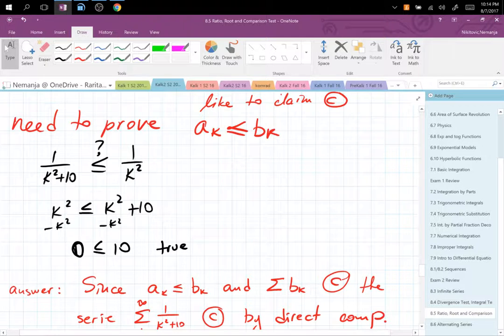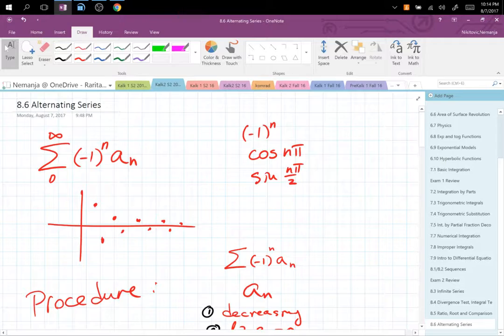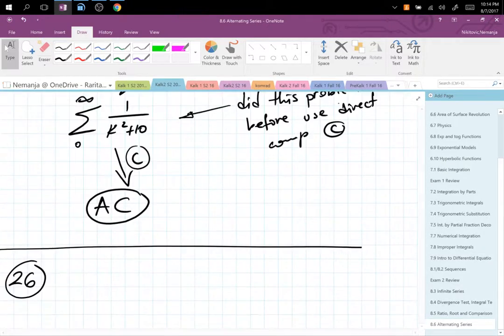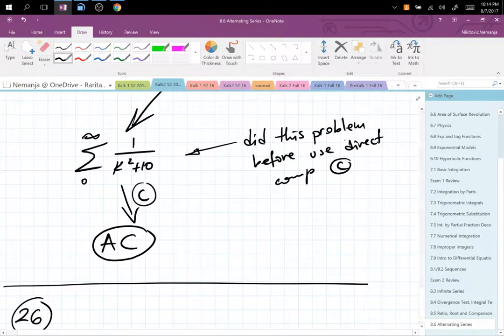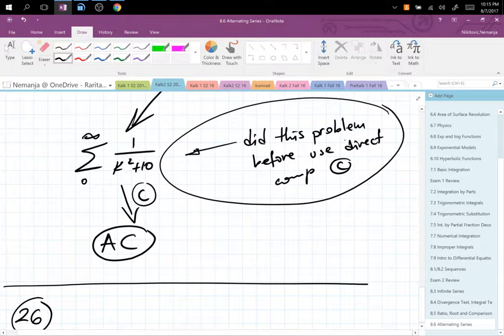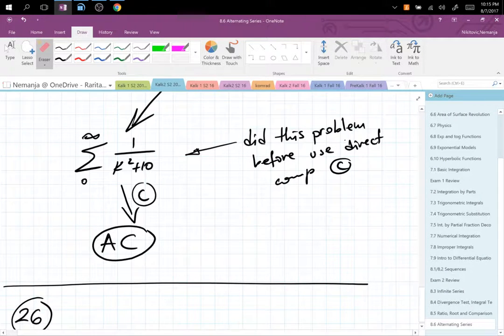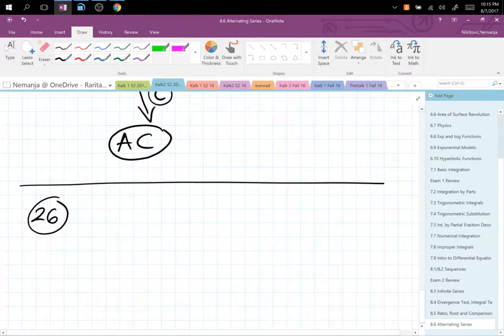When I do the alternating test, I technically test two tests, right? Because you will always have another test midway. So all of this needs to be inserted right here, where I put this. All of that page or half a page of work needs to be done there, and then you're claiming convergence. The reason I didn't do it is because we just did it 30 minutes ago.